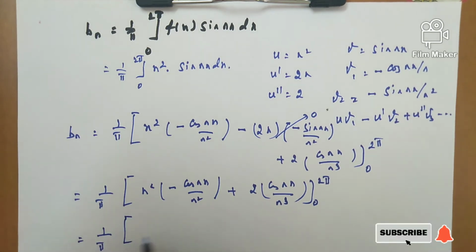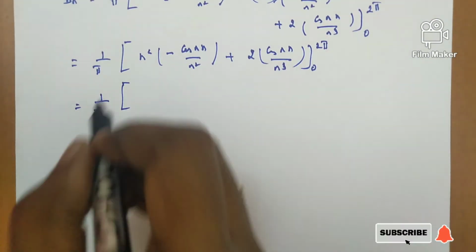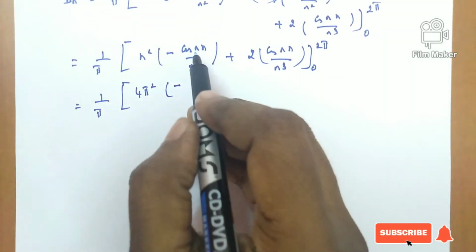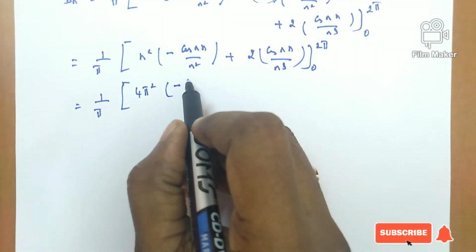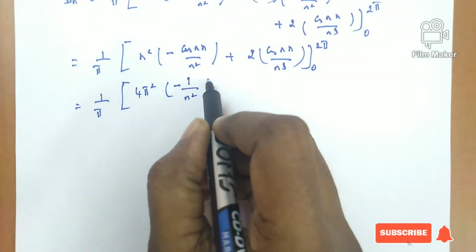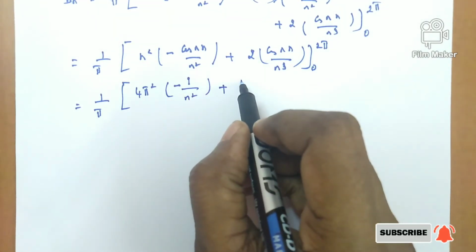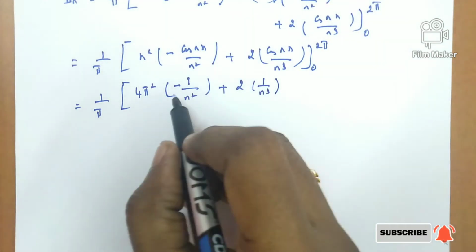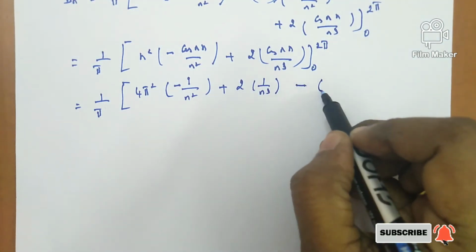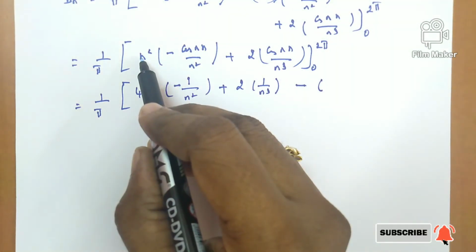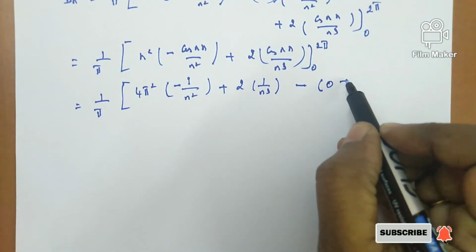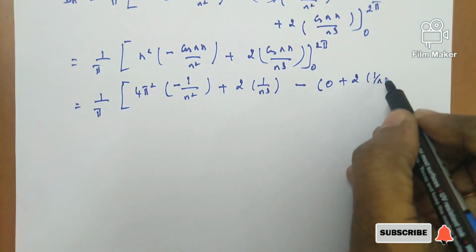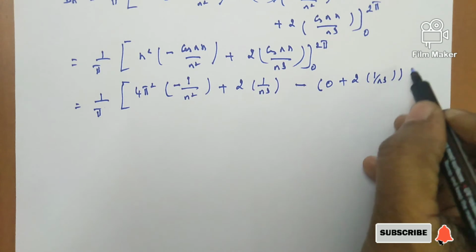When you are applying 2 pi, this will become 4 pi square into minus cos 2n pi. Cos 2n pi value is 1. So 1 by n square plus here also 2 into cos 2n pi is 1 by n cube. This is only our upper limit, minus lower limit. Here it will become 0 into anything 0 plus 2 into cos 0 value is 1, so 2 into 1 by n cube. This is our lower limit.